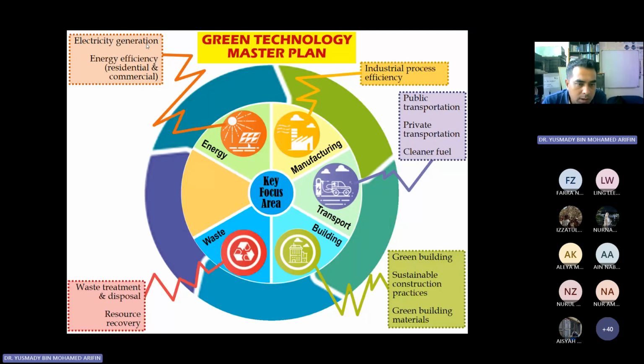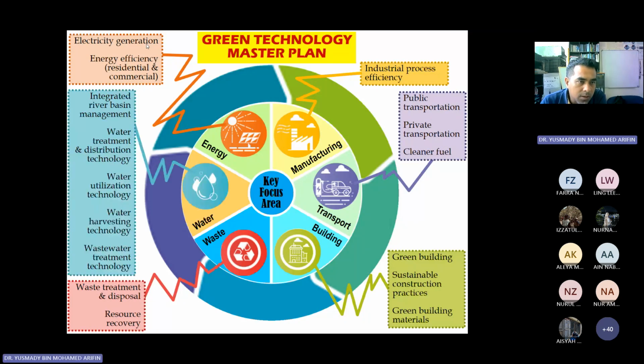The last one about the water, integrate river basin management, water treatment, also distribution technology. Need to use different kind of technology to treat the water, utilization technology, water harvesting technology to increase the source of water, wastewater treatment technology. So these are the component under the water treatment key focus area.